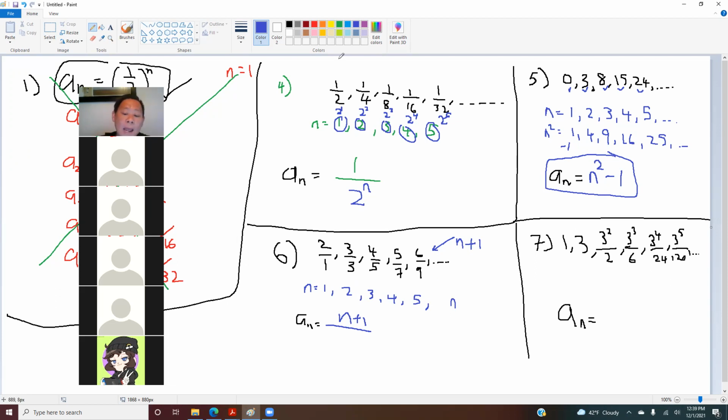Okay. Next, the bottom one. So you got 1, 1, 2 become 3, 3 become 5, 4 become 7, 5 become 9. Would it be n plus 2? Yeah, for the bottom. So let's check it. When n is 1, what is 1 plus 2?